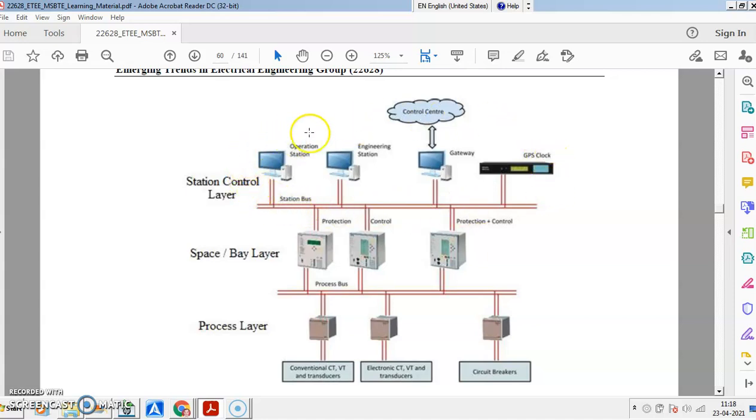Here intelligent units will take a judgment that this circuit breaker is to be operated. So a command is given to the bay layer, that is, the protection and control device, to operate the circuit breaker, because the information is available with the control center that this circuit breaker is to be operated to isolate the feeder which is overloaded or faulty. Like this. Similarly, auto reclosing also takes place.